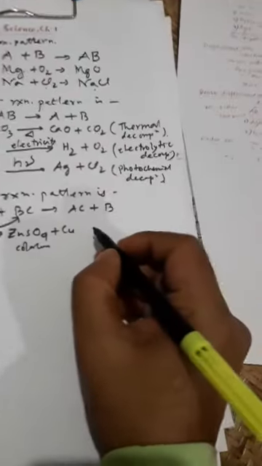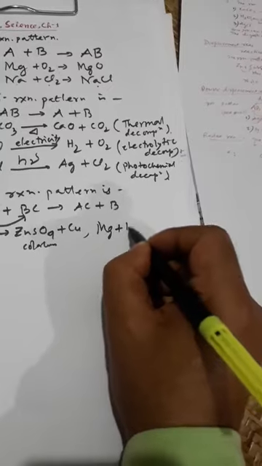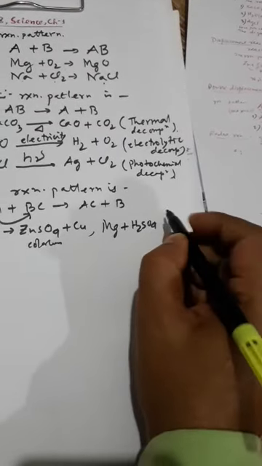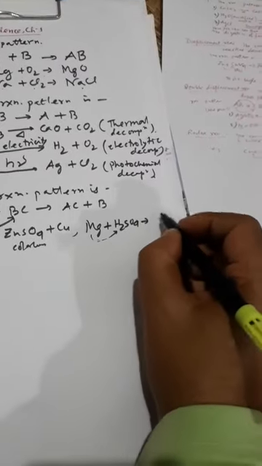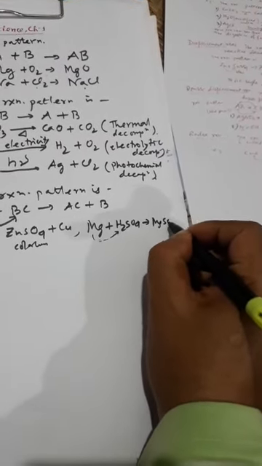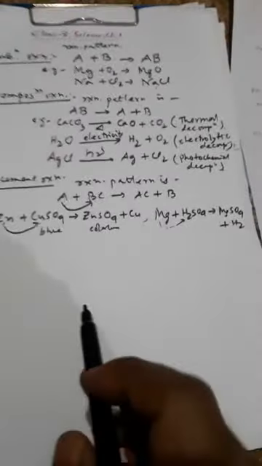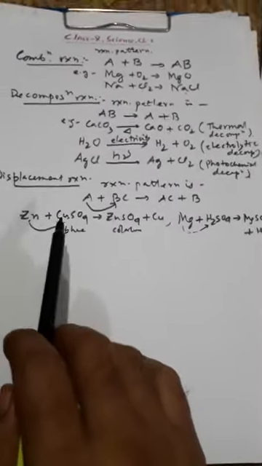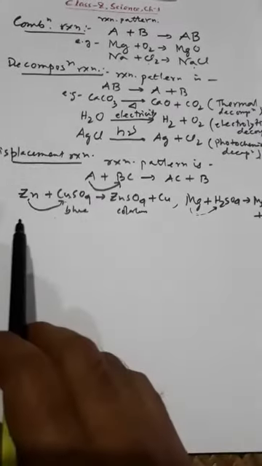Another reaction we can see, suppose magnesium plus H2SO4 gives, magnesium will displace hydrogen, MgSO4 plus H2. You may get confused about which element displaces which element.